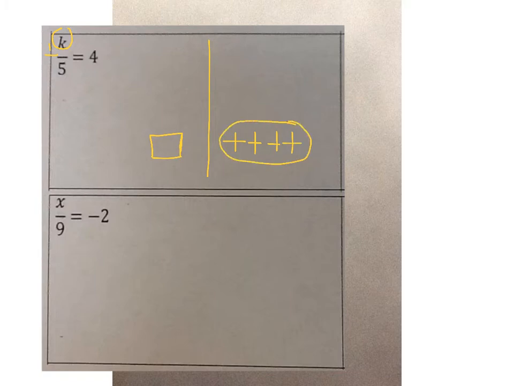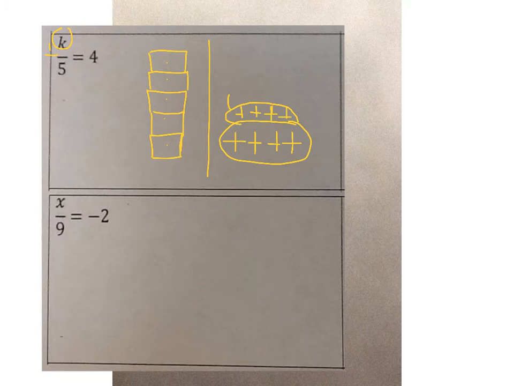Because I only have 1/5 of k and I want all of k, I'm going to need 5 groups of k. So I need to add 5 more groups of k. So here's 1, 2, 3, 4, 5. So that means on the right-hand side, I need 5 more groups of k. So if 1/5 of k is 4, then I need 5 groups of 4.